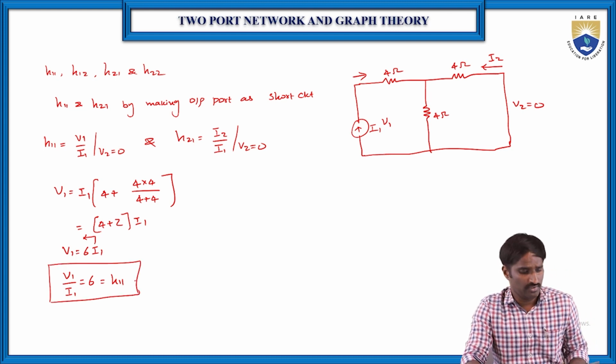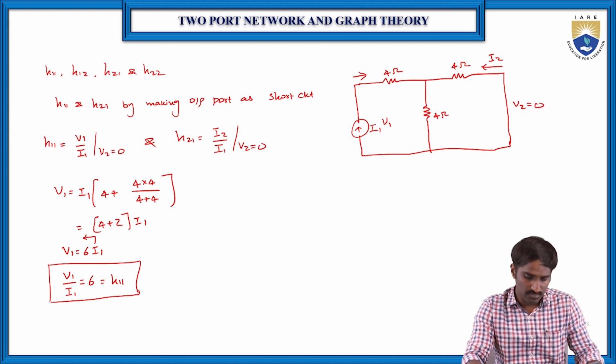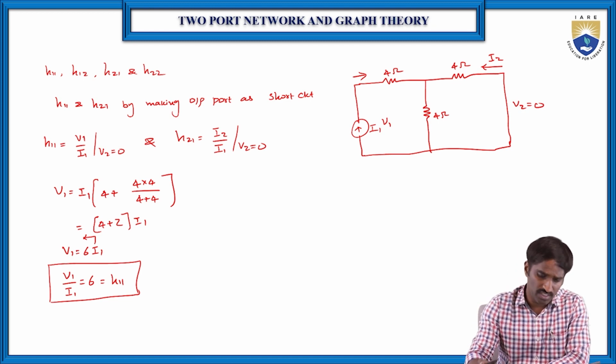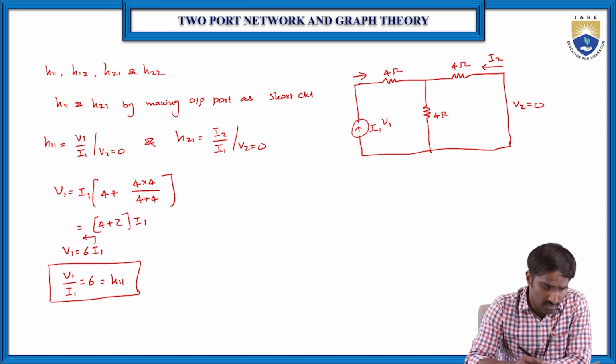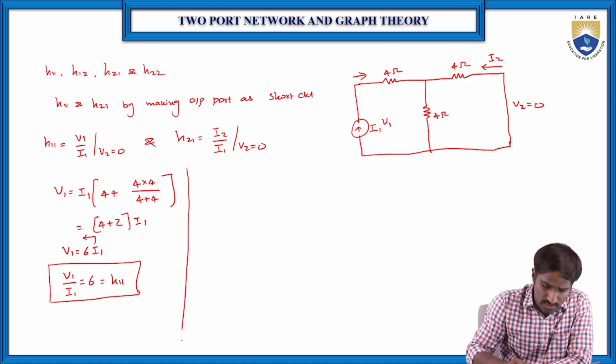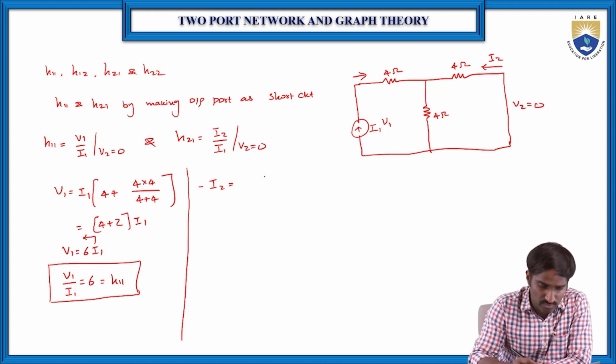This is the way we can find H11. Then similarly I2 and I1. Let us find I2 in terms of I1 by using the current division rule. Because of the opposite direction, let us consider minus I2 is equal to the total current I1.